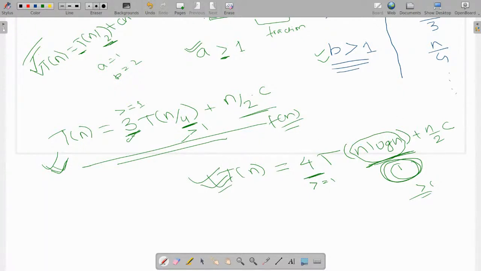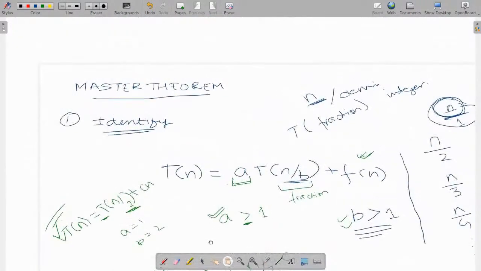That is the catch here. So the first step, when we have any recurrence relation in hand, is to ask whether we can solve it using master theorem. The first step is the identification of the recurrence using two criteria: a should be greater than or equal to 1 and b should be greater than 1. This is the only thing we have to check here, nothing else.